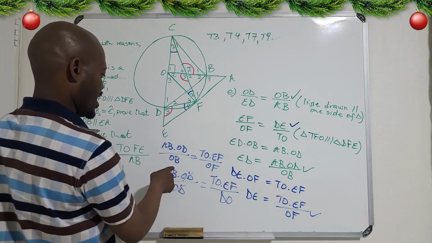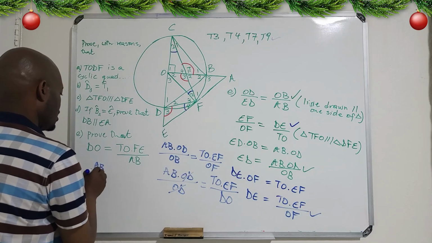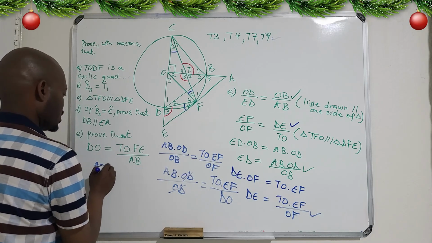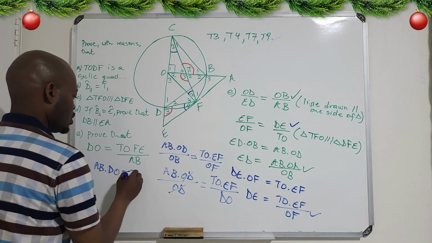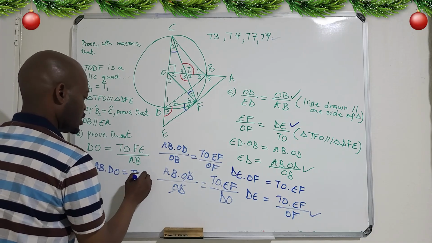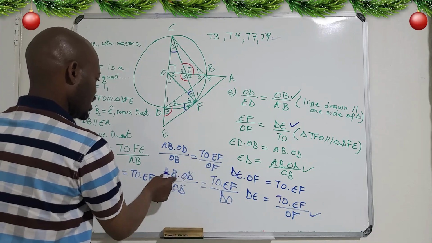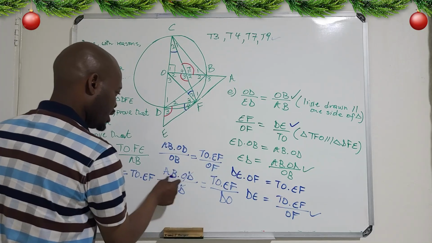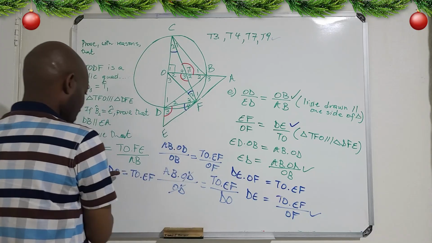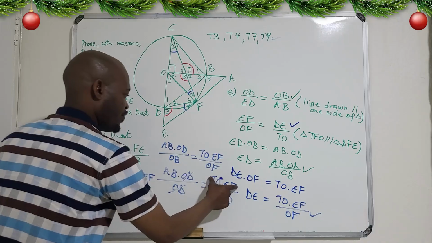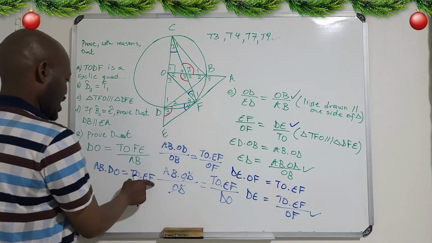Now, obviously, we will multiply that. We are going to have AB times DO is equal to TO times EF. Because this cancels, here we're left with AB over 1. This multiplied by that becomes this. This multiplied by 1, because there's a 1 here, becomes that.